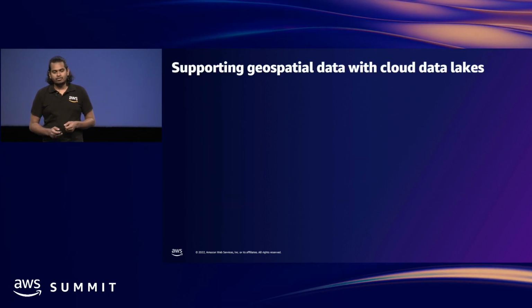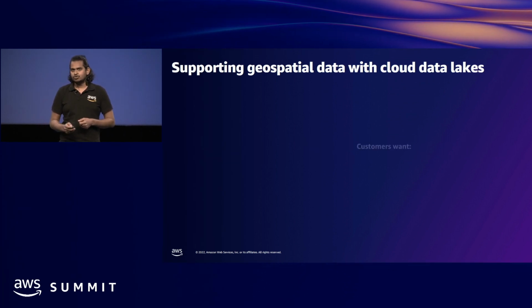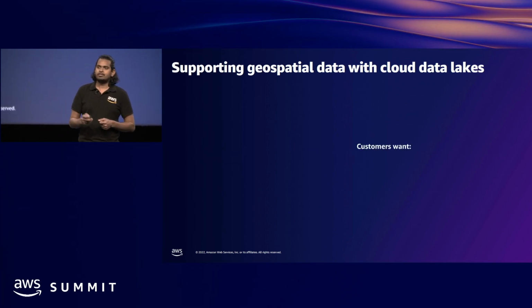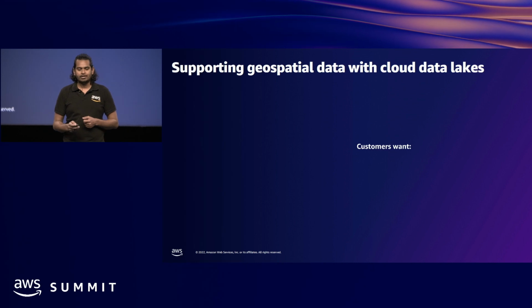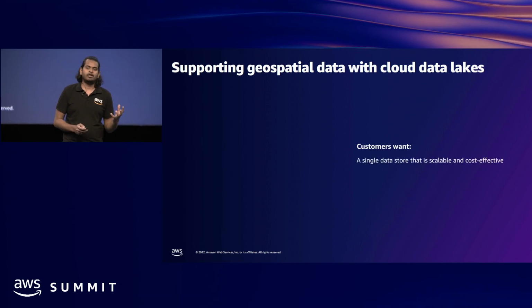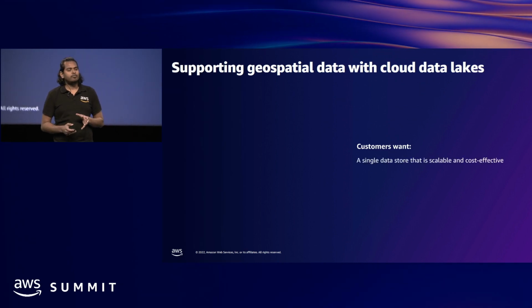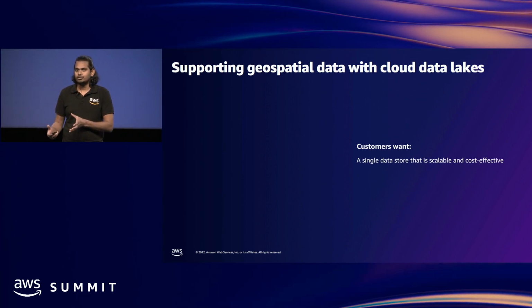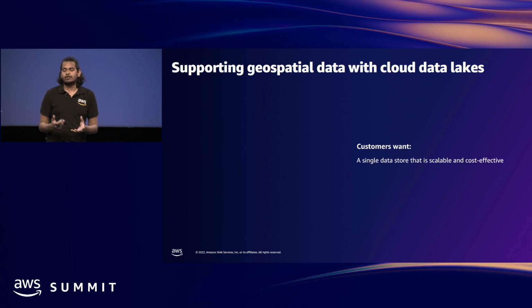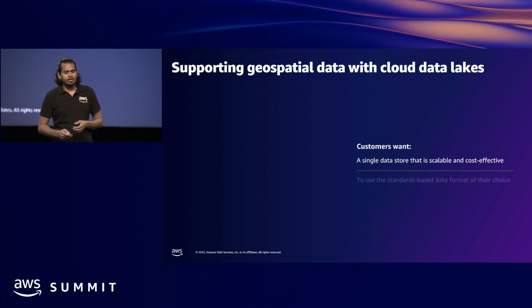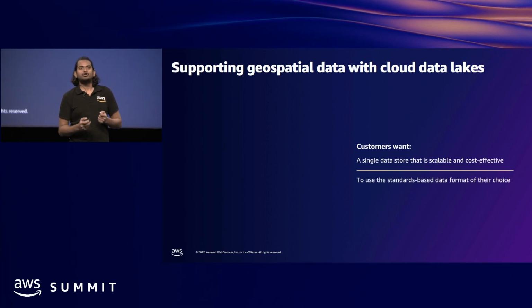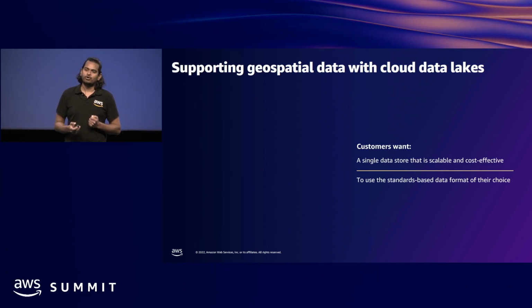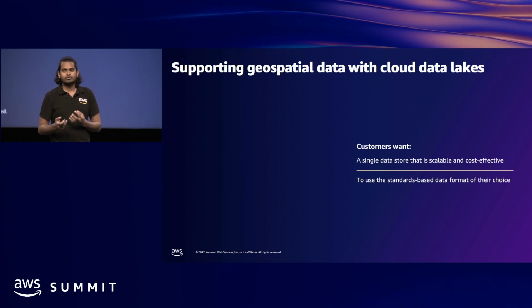So in a nutshell, what exactly do customers want to realize their data strategy powered by geospatial data? A single data store that can provide them with virtually unlimited scaling in storage at a cost-effective approach. Secondly, they want to be able to use the data standards of their choice. They want to be able to use the sources of their choice.